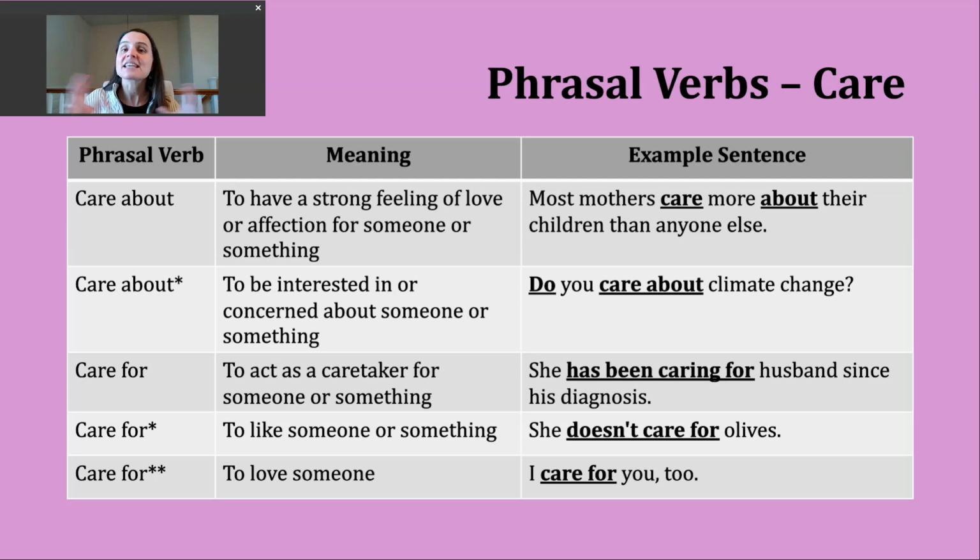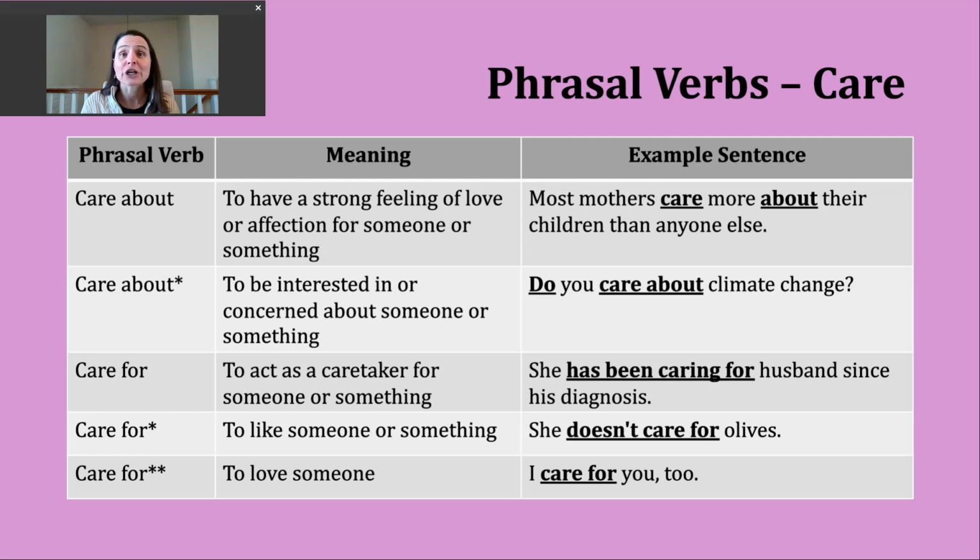So, this sentence is pretty vague, so we don't know exactly what is wrong with this woman's husband, but she is now acting as his caretaker. This might be kind of like being a nurse or medical assistant to provide care for this ill individual.